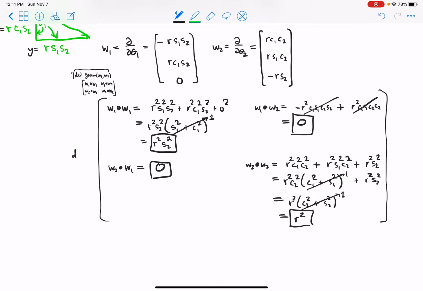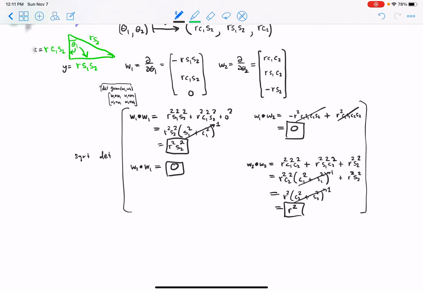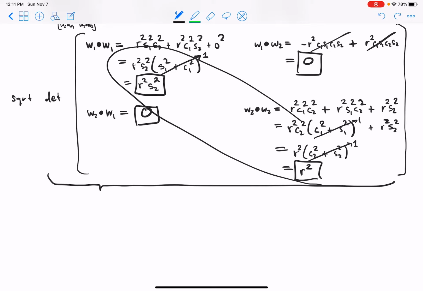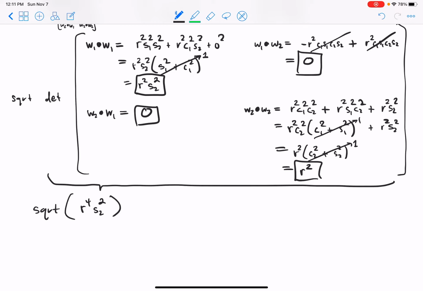Great, so let's take the determinant and then the square root. Okay, so the determinant of this, well, both these are 0, so it's just going to be this times this. That means I've got r squared times s2 squared. So r to the 4th s2 squared. Then I will take the square root, and I get r squared s2 squared, which, now if I want to, I can remember that this is like that.